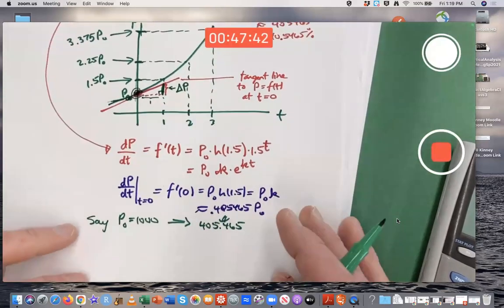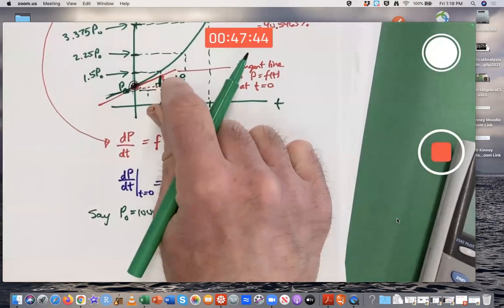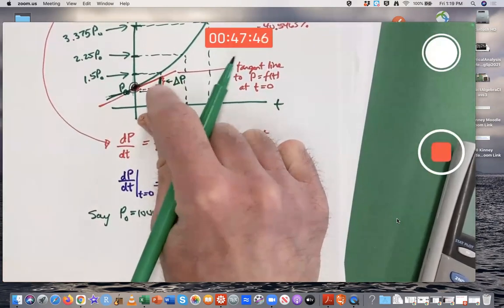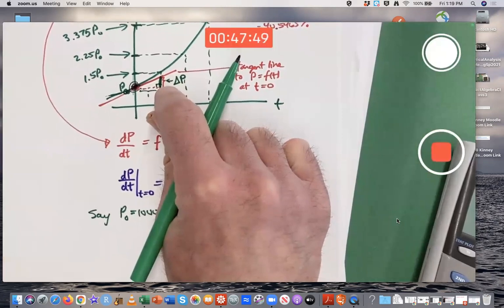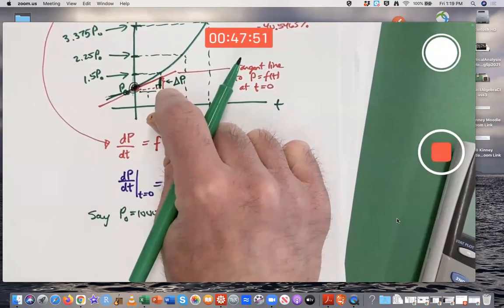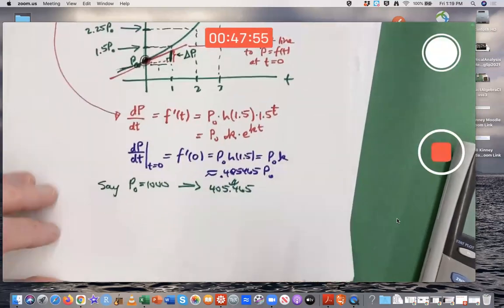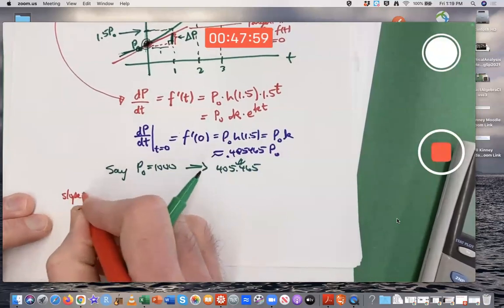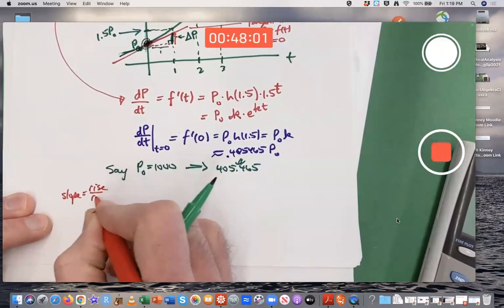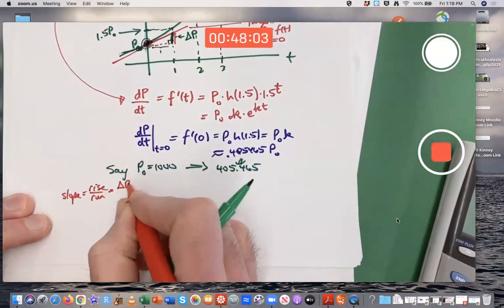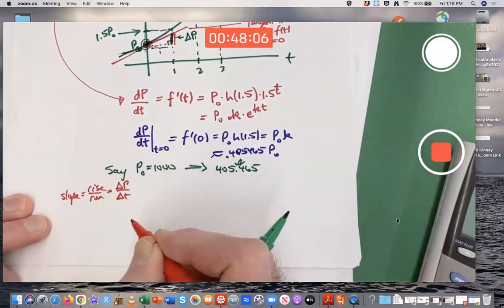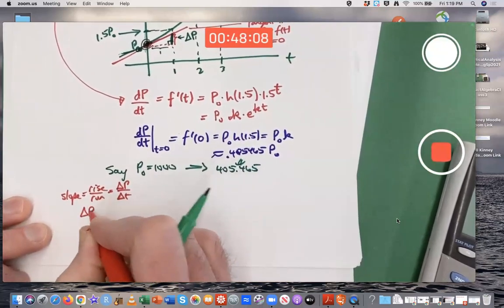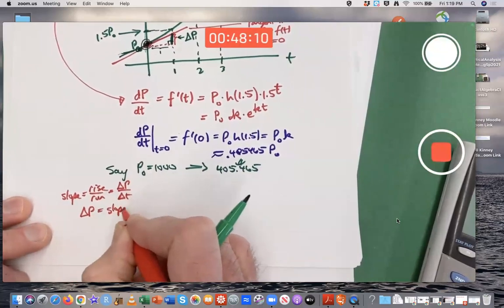Here's a way to do it. The slope, remember, is rise over run. But wait a minute, we really want the rise. Delta P is the rise. If the slope is rise over run, in this case delta P divided by delta t, then the rise, delta P, would be the slope times delta t.